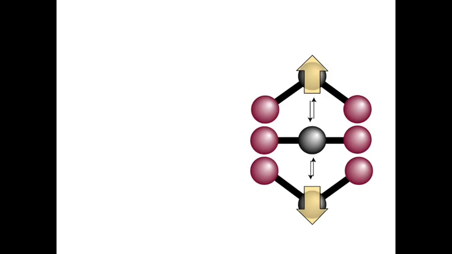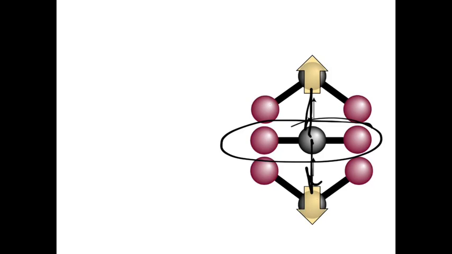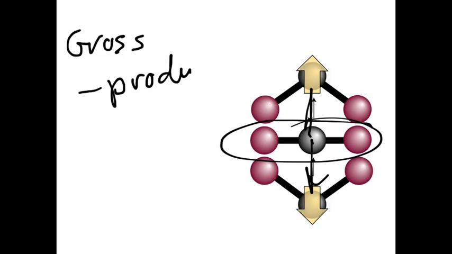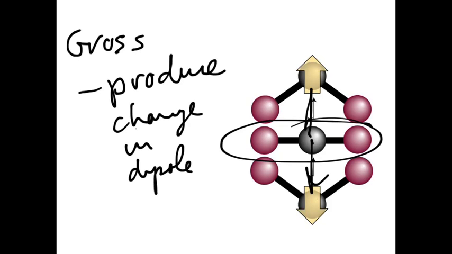All right. So think about the vibrations of our molecule. Here's a triatomic molecule, like water or something like that. Or no, probably like something like CO2 if it's linear like this. And if it vibrates, this thing can move up or it can move down. Now, to be what we call vibrationally active for our infrared spectrophotometry, the gross selection rule, as we say it, is that we must produce a change in dipole upon vibration.